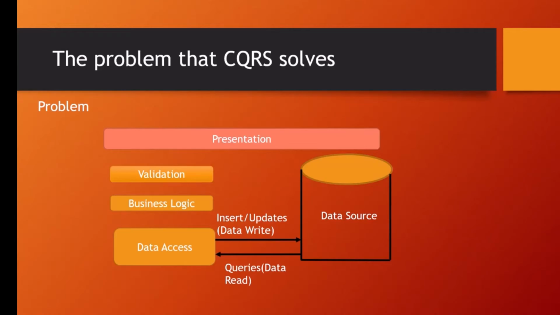There is also often a mismatch between the read and write representations of the data, such as additional columns or properties that must be updated correctly, even though they aren't required as part of an operation. And data contention can occur when operations are performed in parallel on the same set of data. Data contention means when two operations are being performed simultaneously from two different machines on the same set of data. One is doing a read operation, another is doing a write operation, then data contention comes into being.